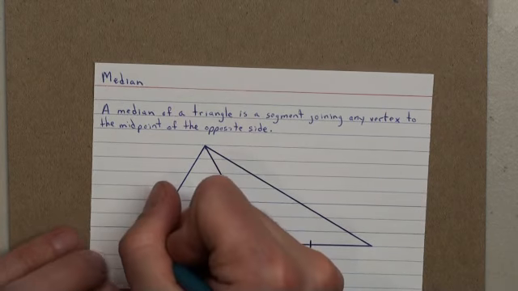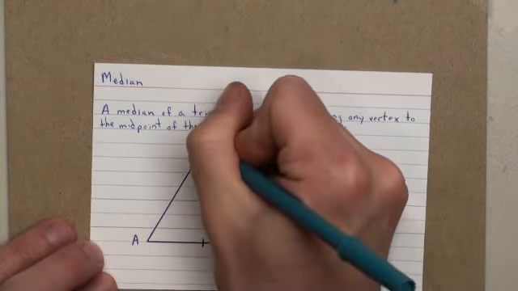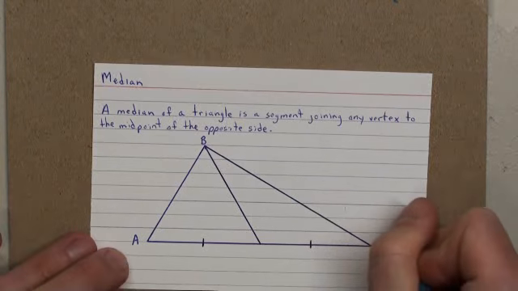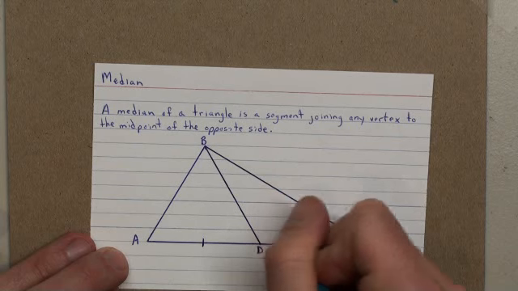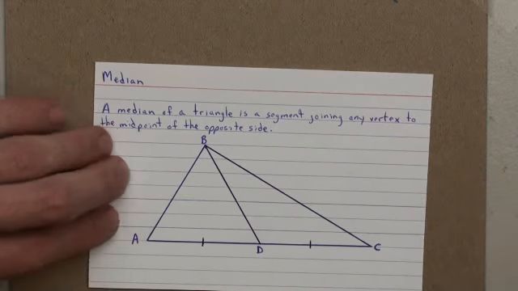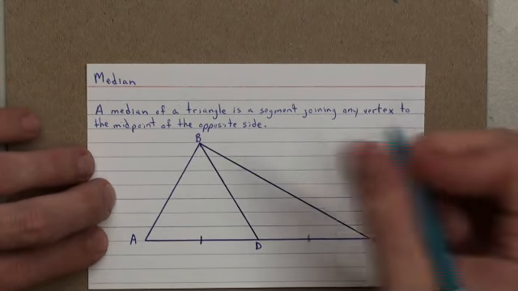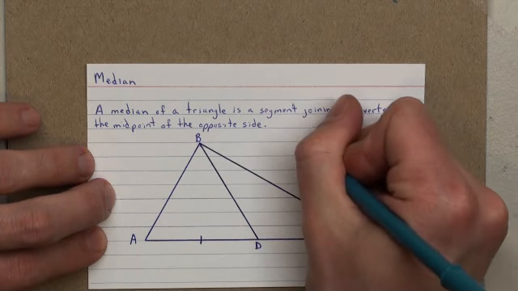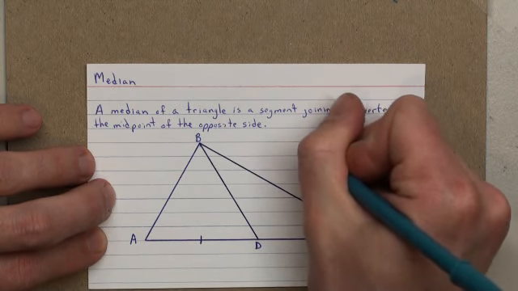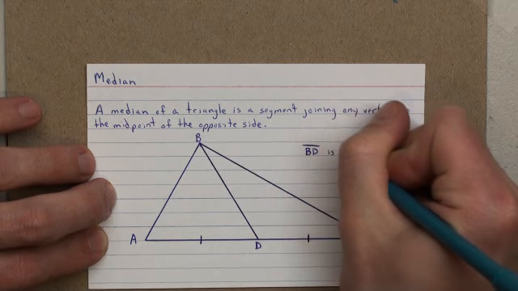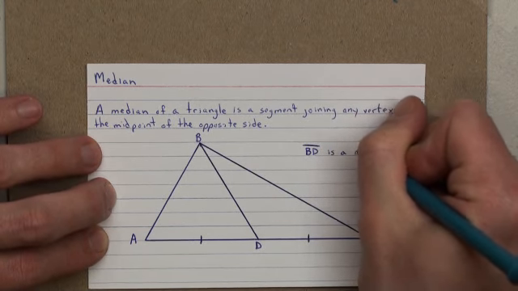So let's just label this triangle A, B, C, and let's make this point D here. So segment BD is a median.